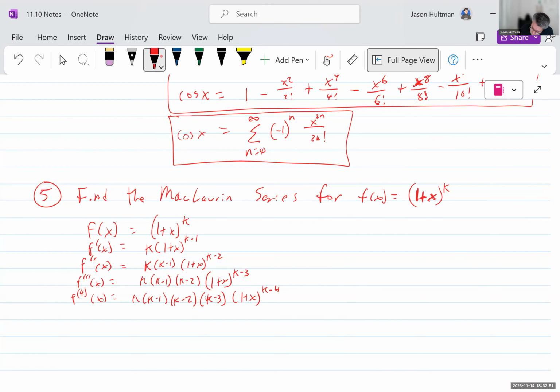Okay, so we want the Maclaurin series, though, where x is equal to 0, where we're centered at x equals 0. So let's plug in our 0 here for x. Well, this just becomes 1. Maybe I'll write it out a little bit nicer.